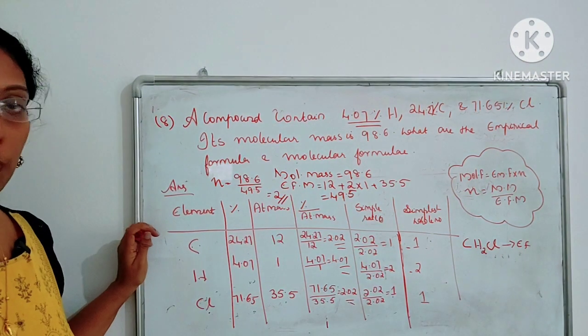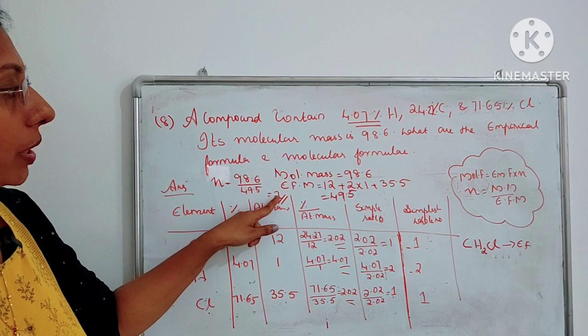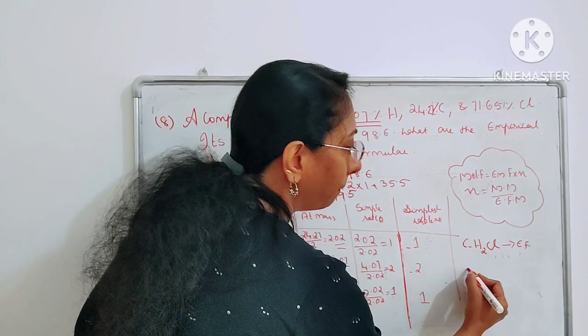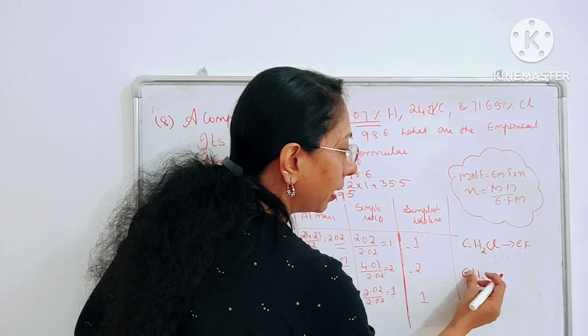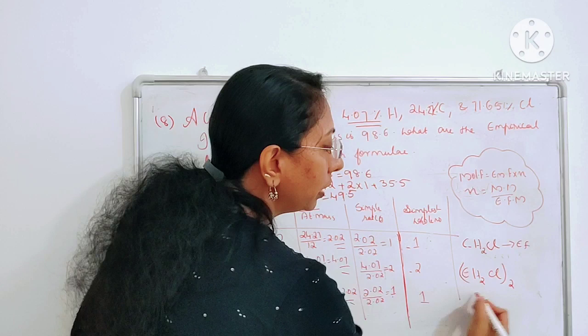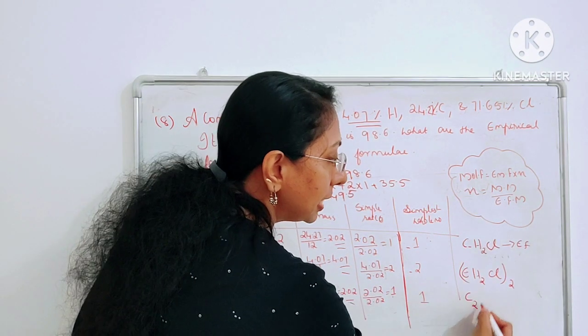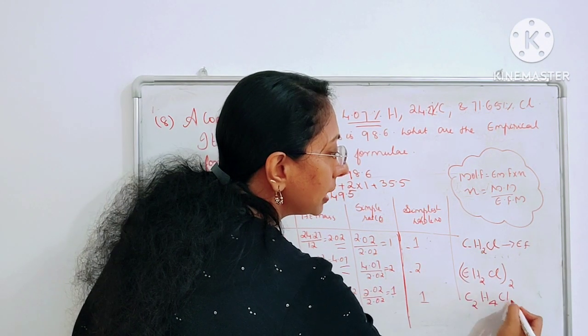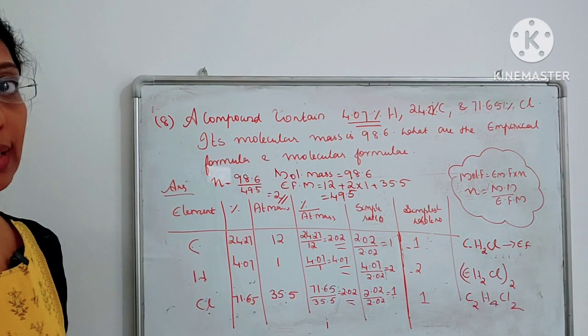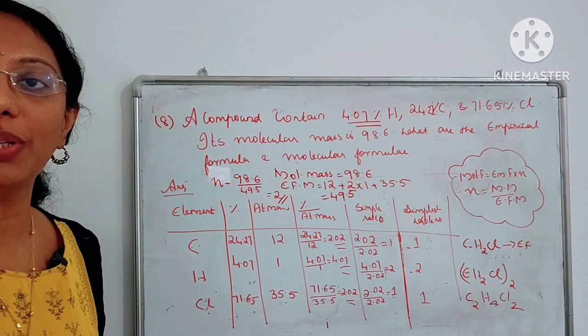So we got the n value. Now the molecular formula is the empirical formula into n, and n here is 2. So the molecular formula is C2H4Cl2. Clear how to determine the empirical formula and the molecular formula?